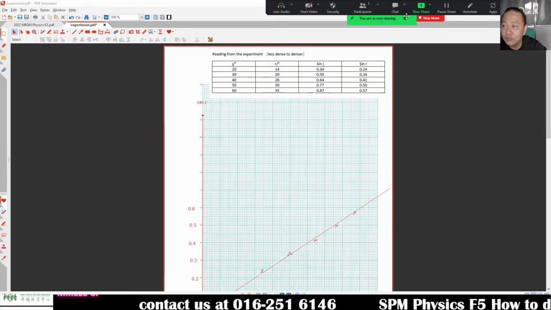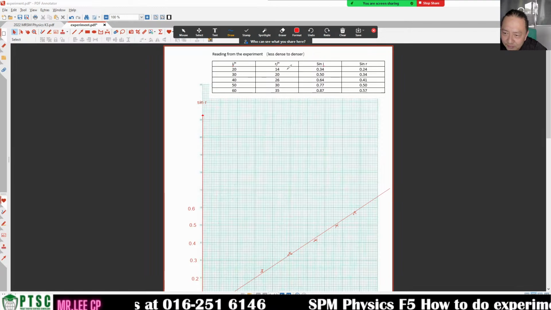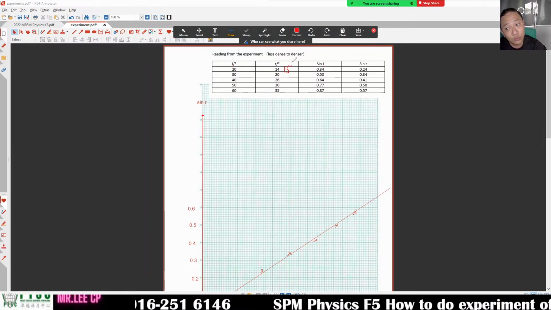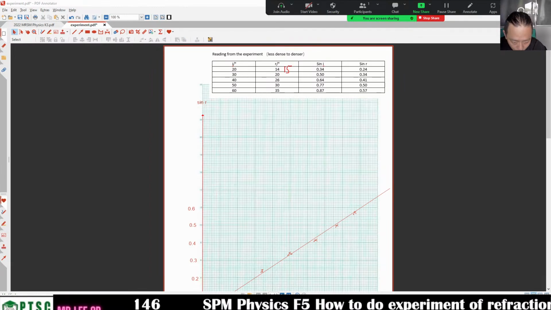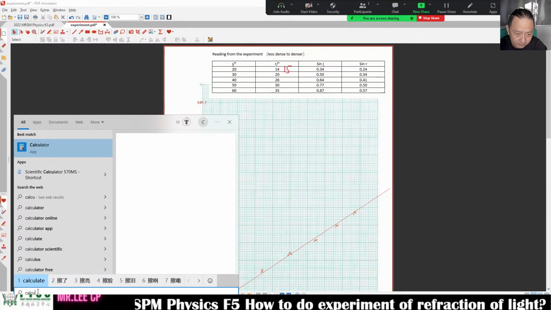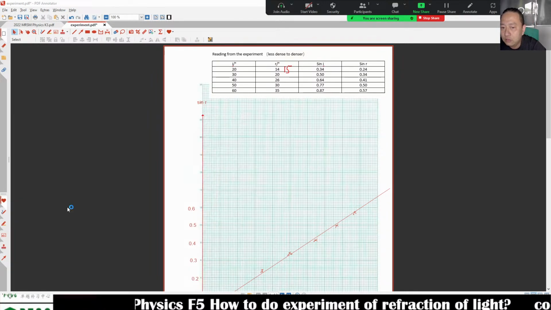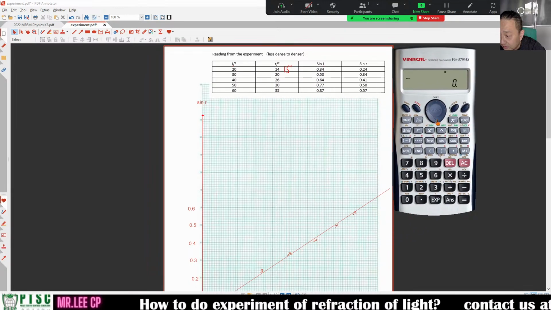Now, the second thing is, if cikgu, this one 15 is not same as yours, okay, never mind. We go and see with calculator. Sine 15.